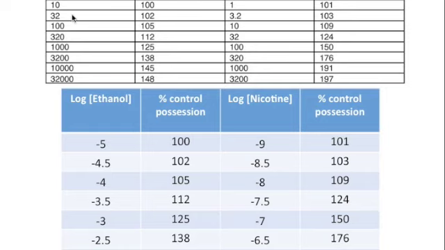Similarly for nicotine, 10 micromolar becomes -5, because 10 micromolar is 1 × 10⁻⁵ molar. So take the logs of all the other concentration values and you end up with the data in the table that we've got here.